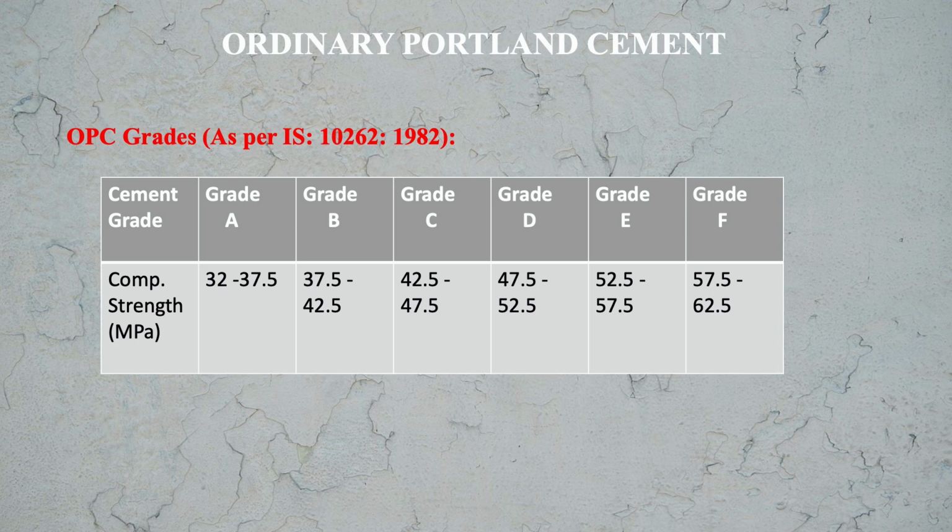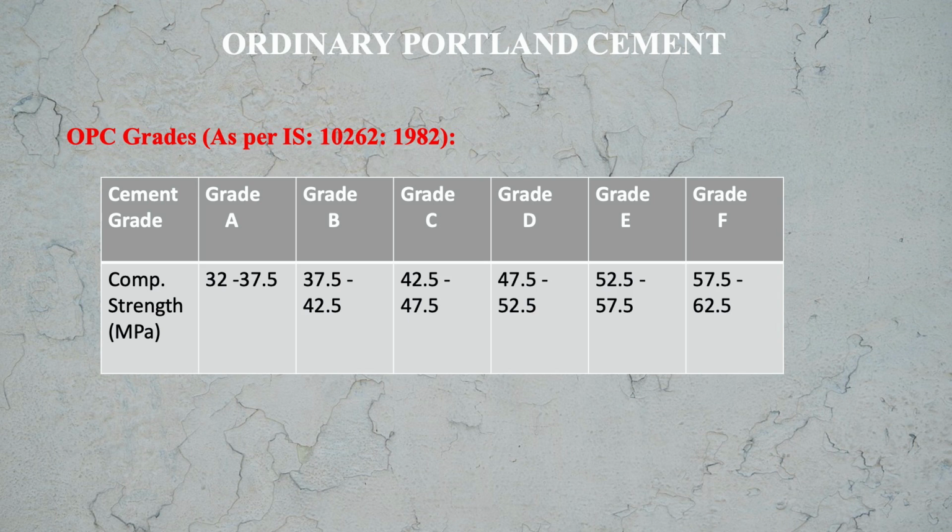Now let us see what are the compressive strengths of these grades. Compressive strength of grade A ranges from 32 to 37.5 MPa or Newton per mm square. Grade B OPC cement, the compressive strength ranges from 37.5 to 42.5 MPa. Then grade C, 42.5 MPa to 47.5 MPa.